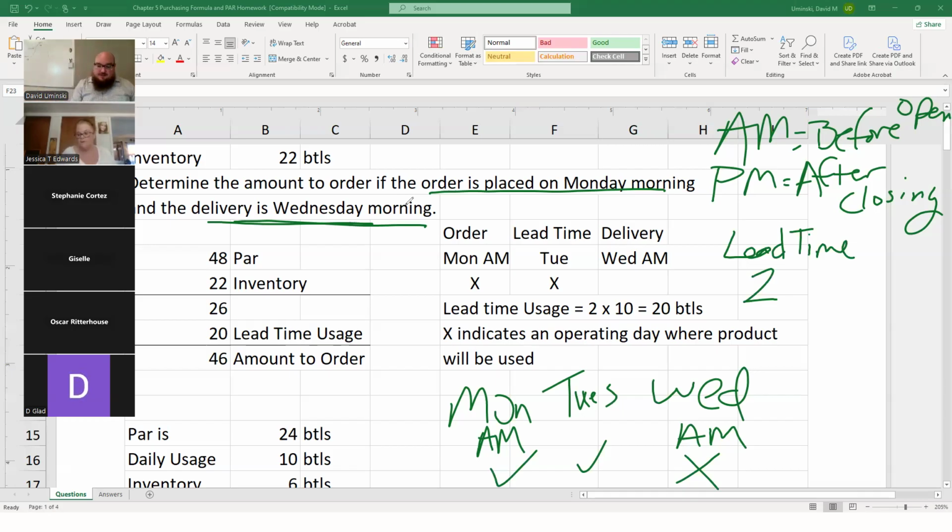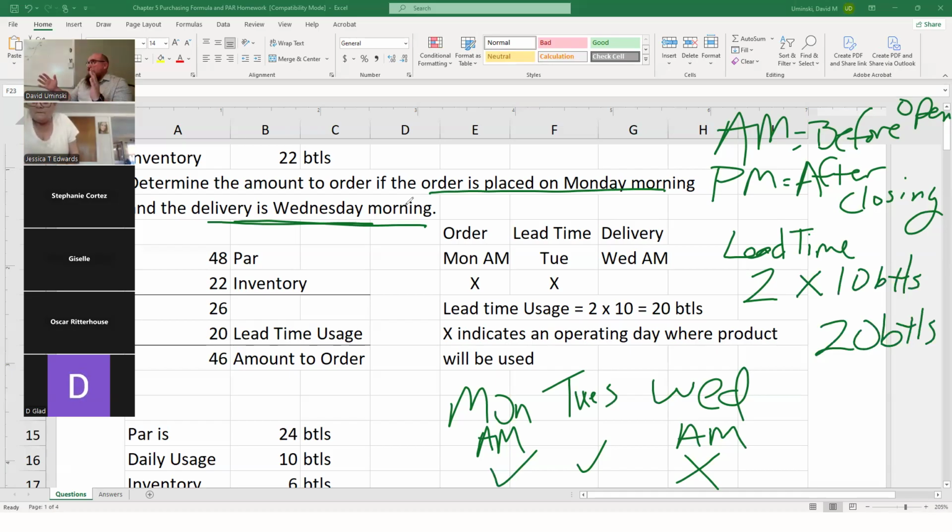What is my daily usage? 10 bottles. So what is my lead time usage? 20 bottles. That means between the time that I order it and it's actually delivered, I'm potentially going to use 20 bottles during my normal operations.